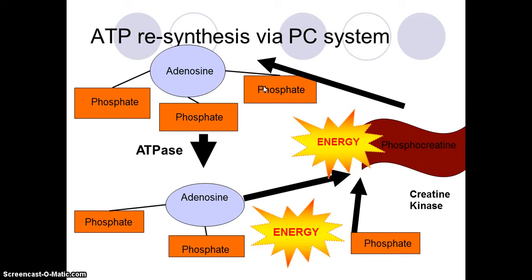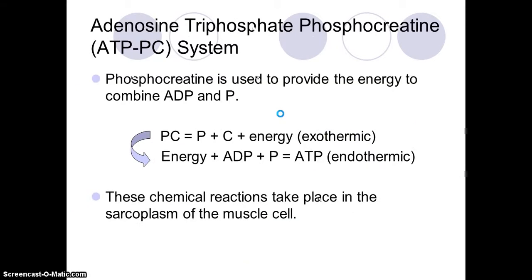If you look at page 12 in your textbook and look at figure 1.5, you will see another diagram that might help you with these coupled reactions. Just looking here again, this might help you a little bit. So phosphocreatine is used to provide the energy to combine our ADP and the 1 molecule of phosphate that we just saw in the last diagram, and that then gives us ATP.